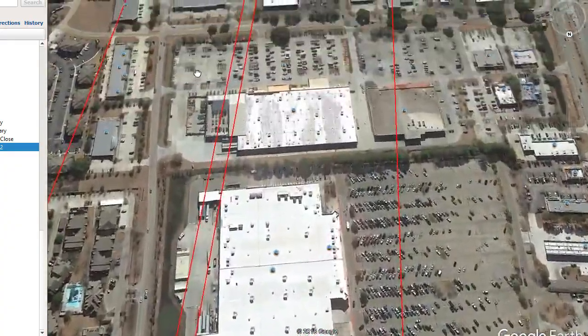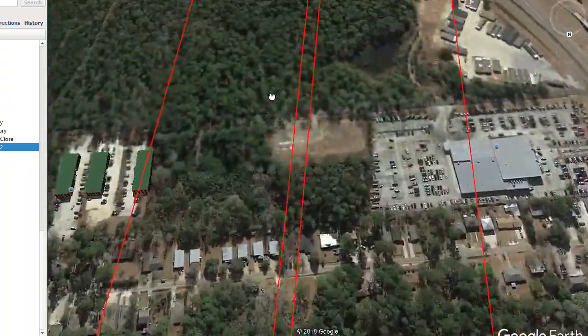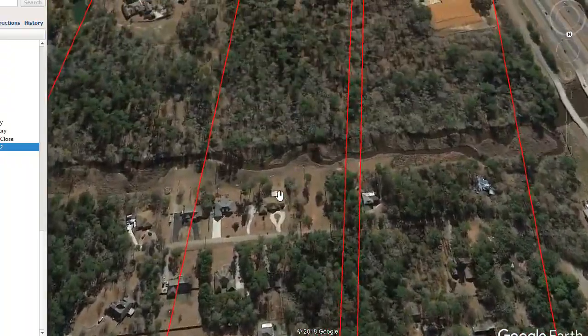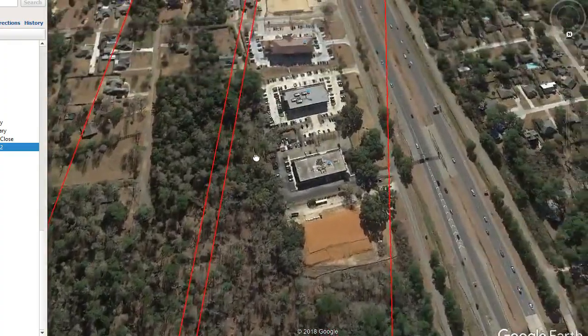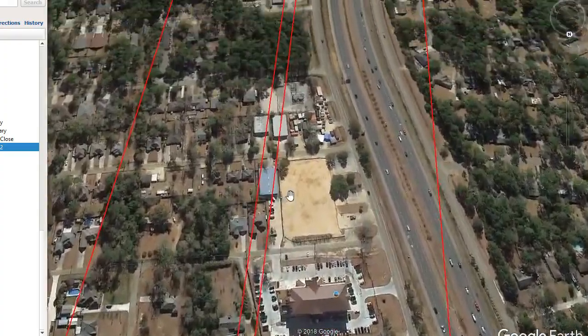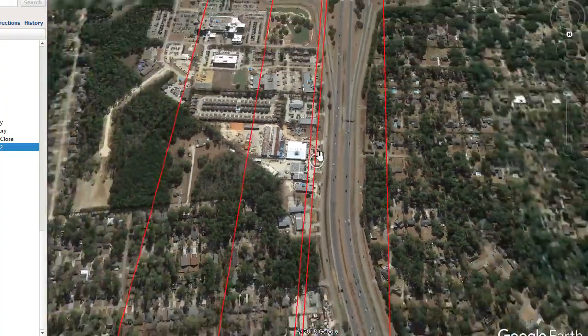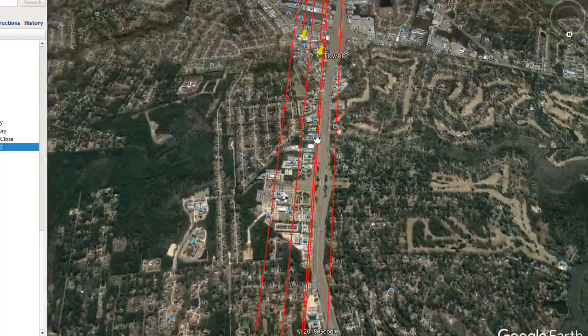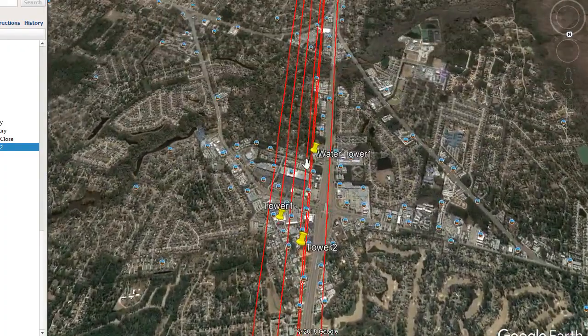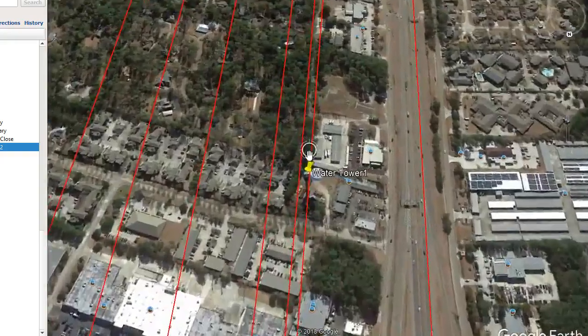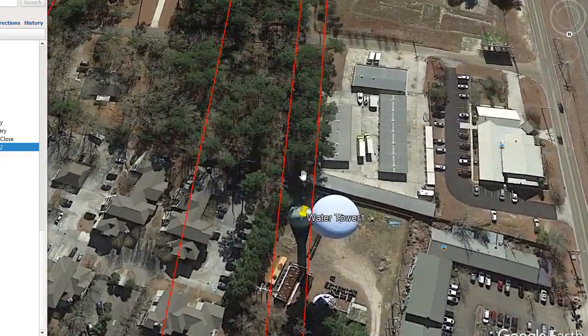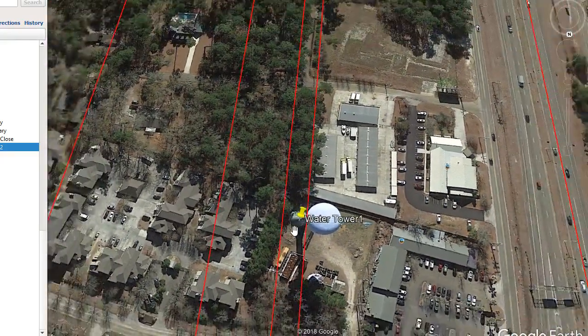So we had our original tower here. Where is it here? Alright, so we have this tower here, which is the tower that's in question.